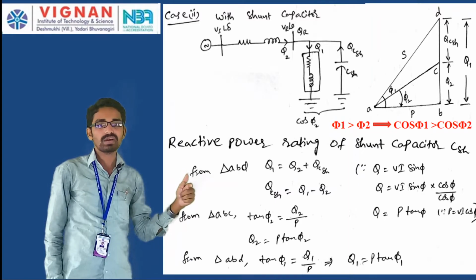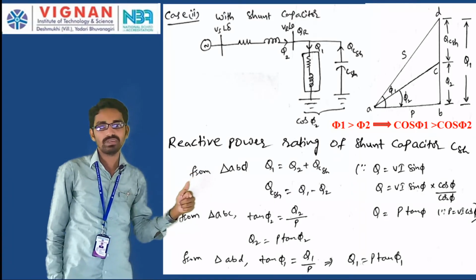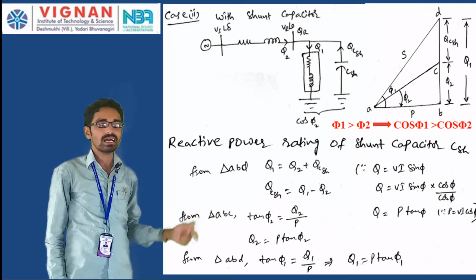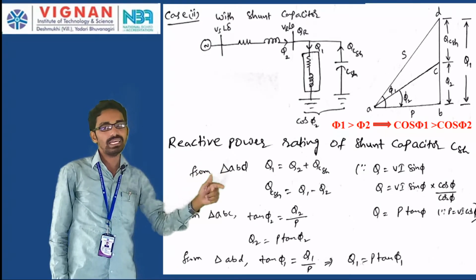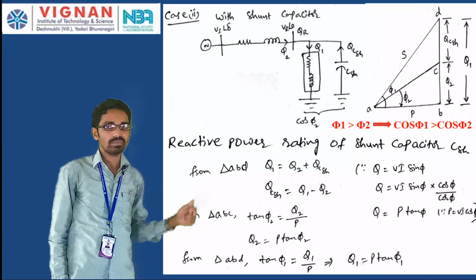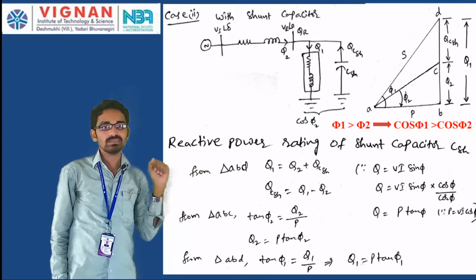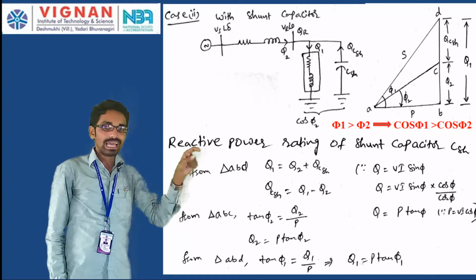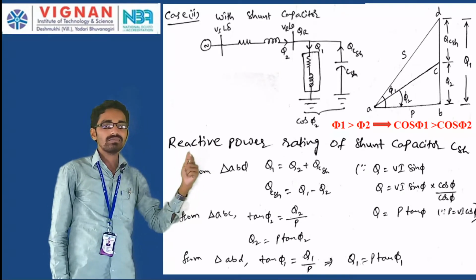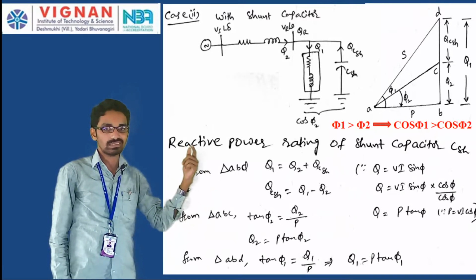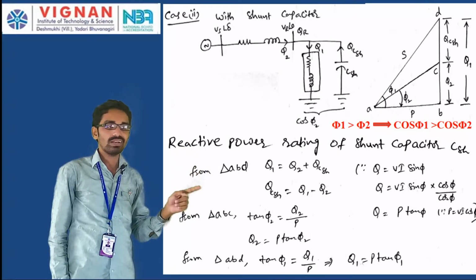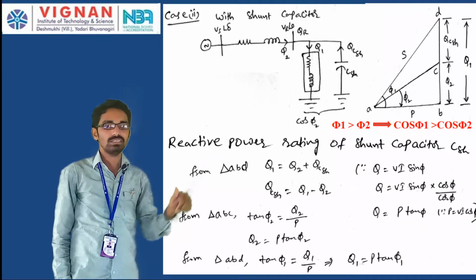Sorry, here it is cos phi 2 is greater than cos phi 1, as the angle decreases the cos value is going to increase. So, just change that one, cos phi 2 is greater than cos phi 1, right. As the angle decreases, the cos of the angle value increases, that is, cos 0 is 1, cos 90 is 0, right.